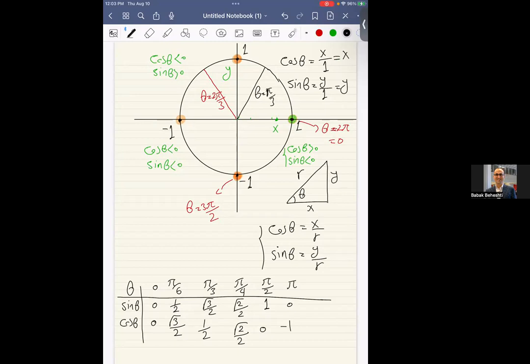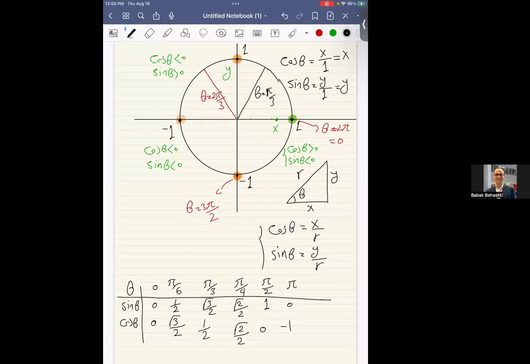So this is pi over 3. This is 2 pi over 3. So this is just pi minus pi over 3. Yeah, but they have the same y values. You see, those points have the same y coordinates. The x coordinates are negative of each other.